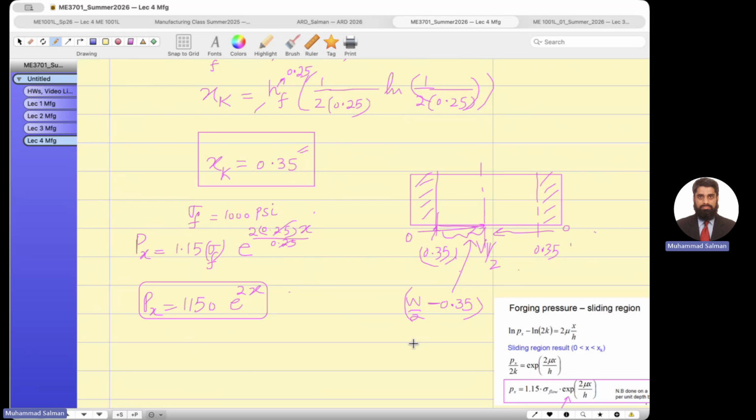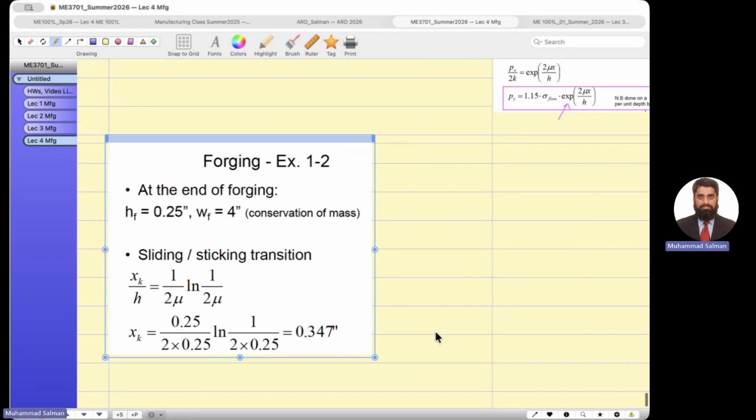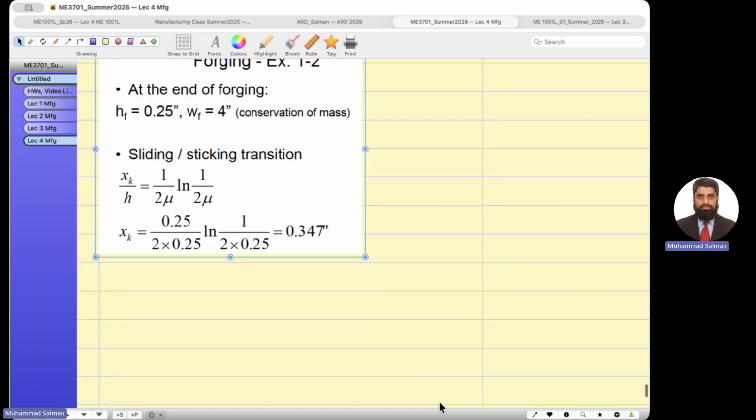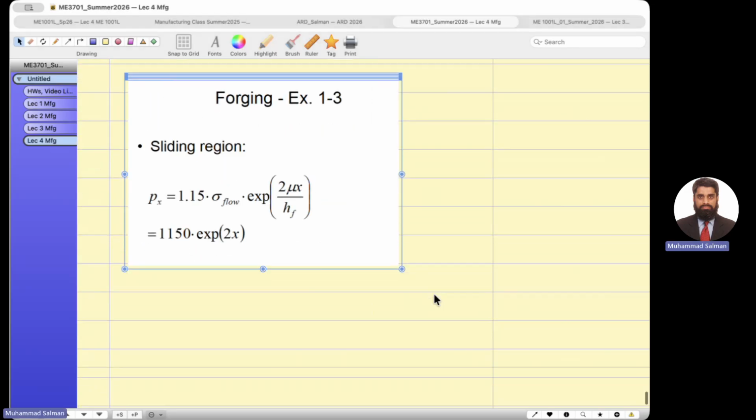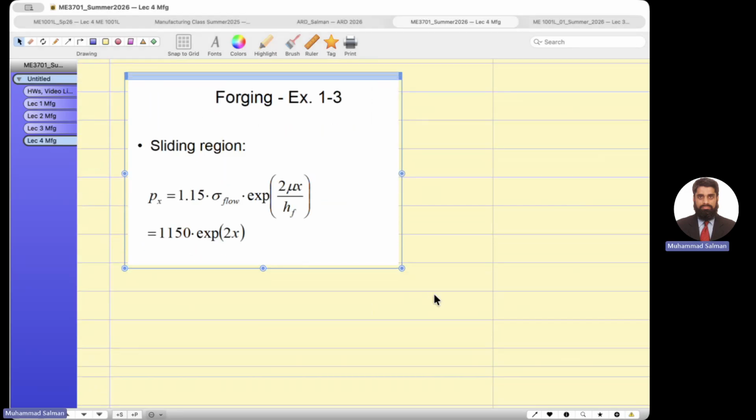Let me show you for sticking. Let me bring my sample here. Is this slide clear? First of all, you will find out the transition line. Where is the sticking and sliding boundary? Is this sliding instantaneous pressure clear?